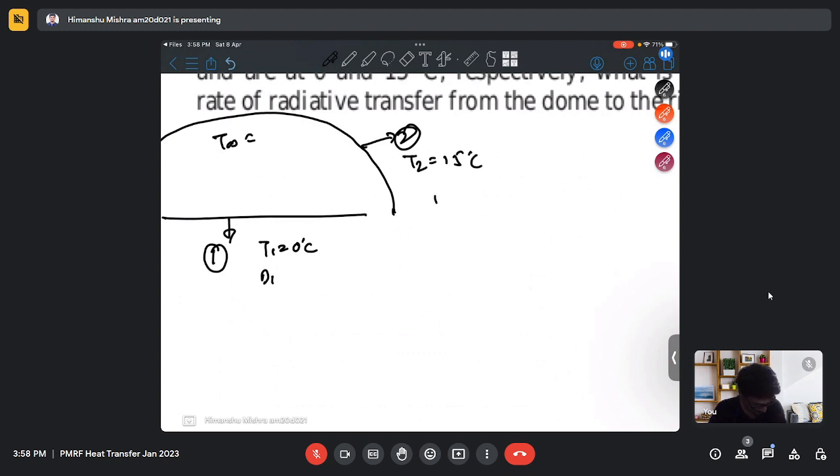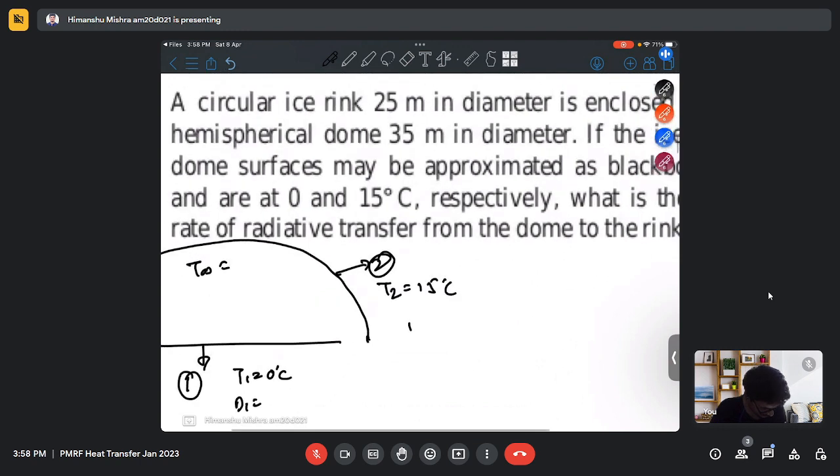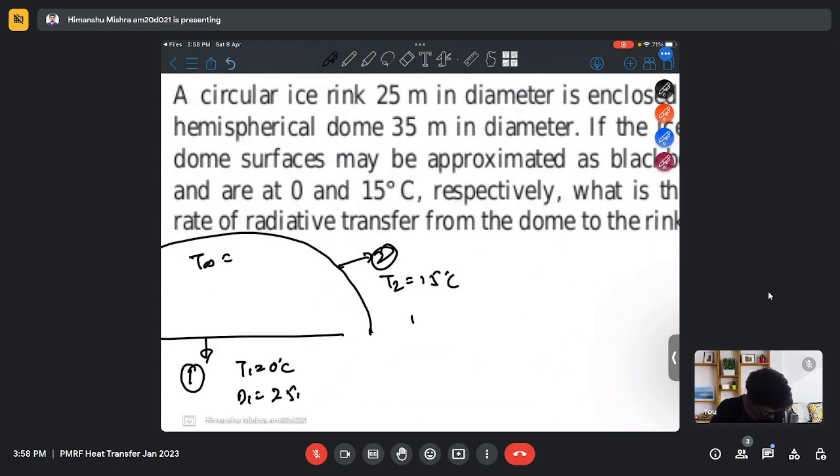The diameter of the ice rink is 25 meter and the diameter of the hemispherical dome is 35 meter, and we need to find the total heat transfer.